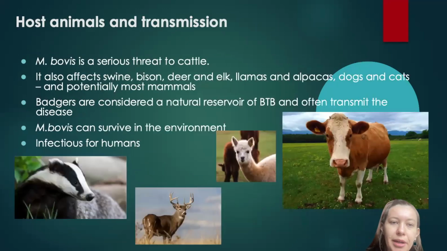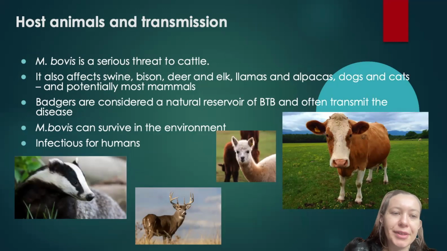No other microorganism has as wide a host range as Mycobacterium bovis. It can infect all warm-blooded vertebrates. Mycobacterium tuberculosis primarily affects humans, but also can be transmitted to hogs, cattle, and dogs. What about M. bovis?